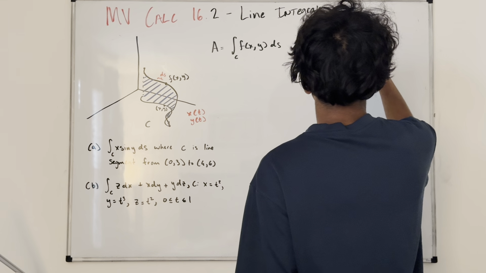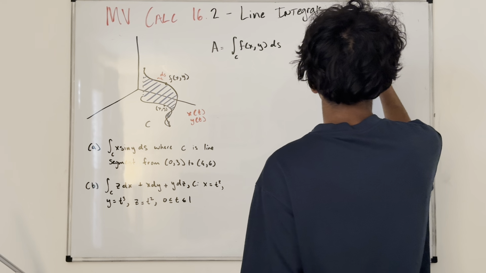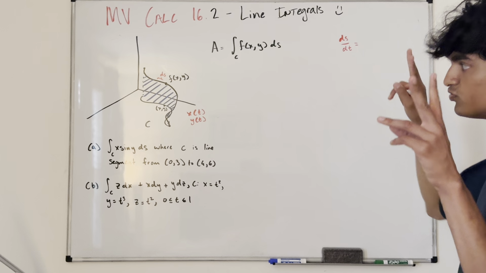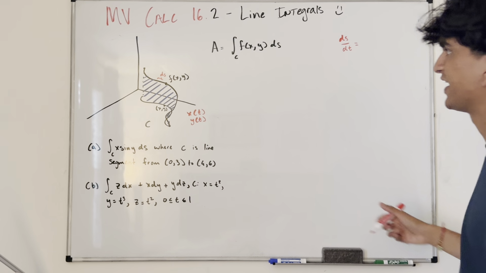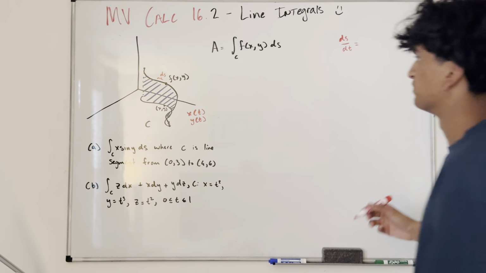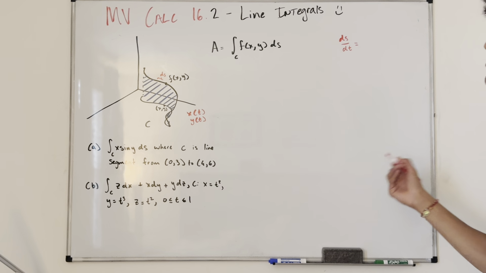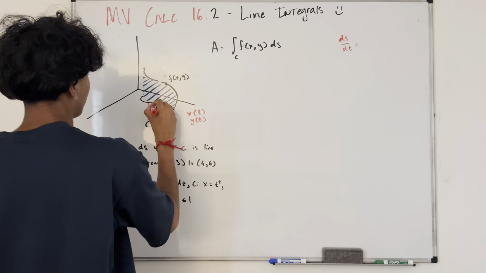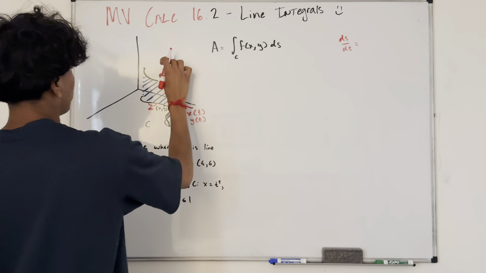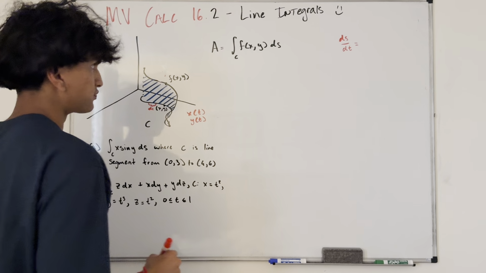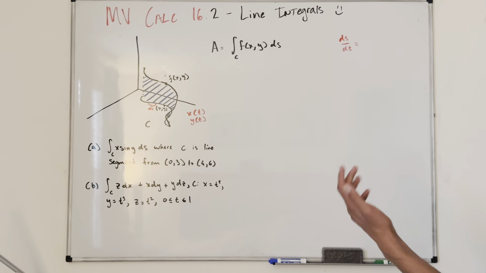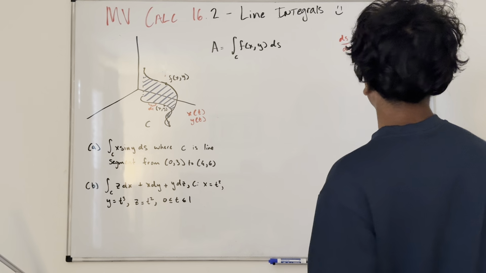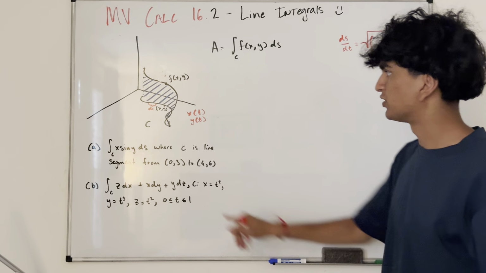we know that ds dt is going to equal the velocity of the curve. And I should really put ds here, ds times height. ds dt just ends up being the magnitude of the velocity vector, if you think about position vectors.